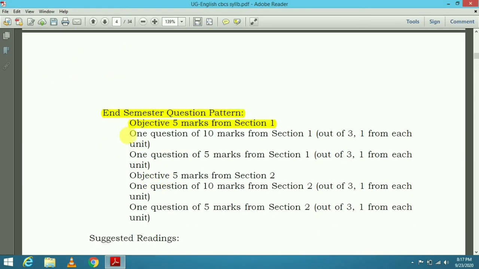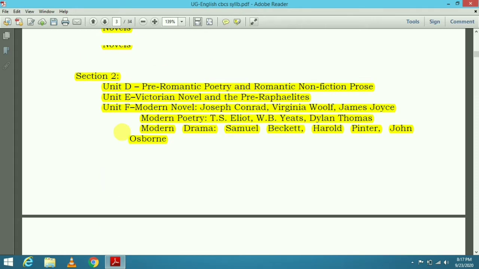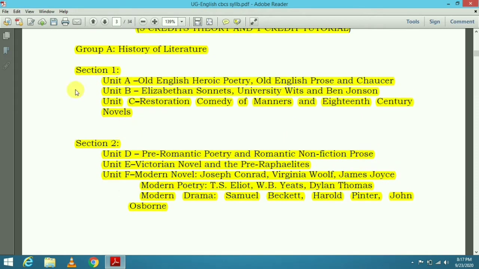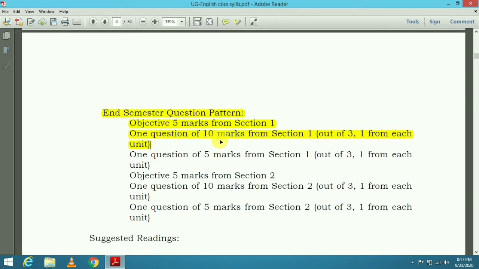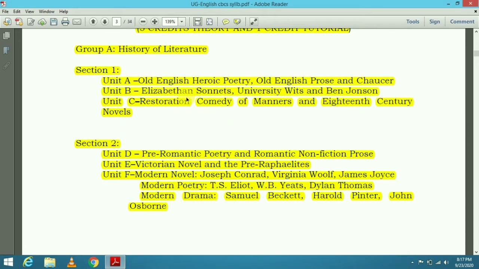And then it says 1 question of 10 marks from section 1 out of 3, 1 from each unit. Let me tell you what it is. In unit A there will be 1 question, unit B there will be 1, and unit C there will be 1, and you have to attend only 1 question out of these 3.